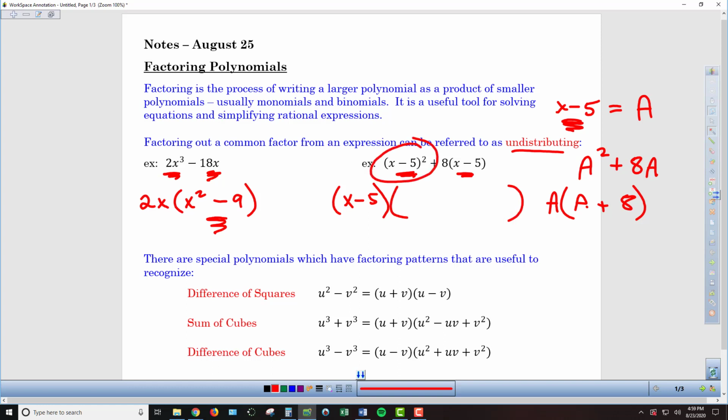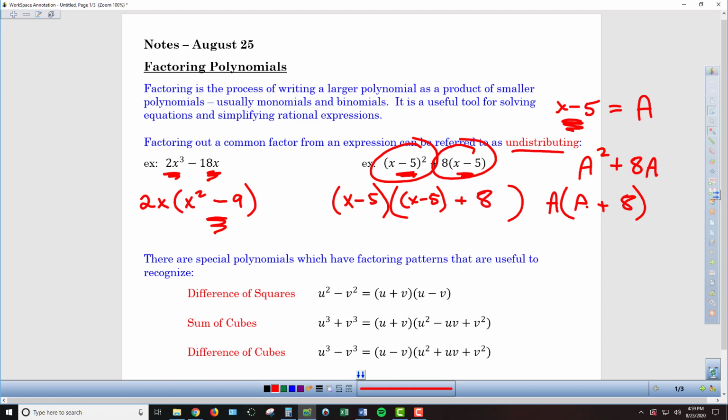And so from the first part here, I've taken out one of the x minus 5s, but I still have one more left behind. So if I was to redistribute, x minus 5 times that x minus 5 would give me x minus 5 squared, plus, and now from the second part of the problem, I have removed the only x minus 5, but I still have an 8 left behind.